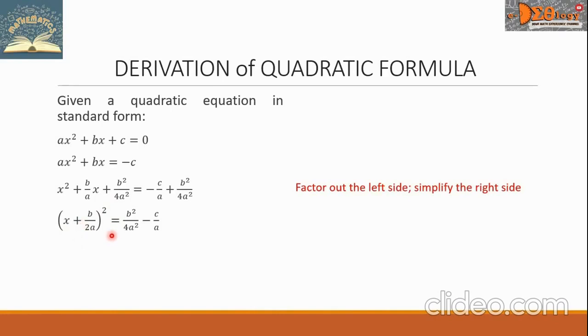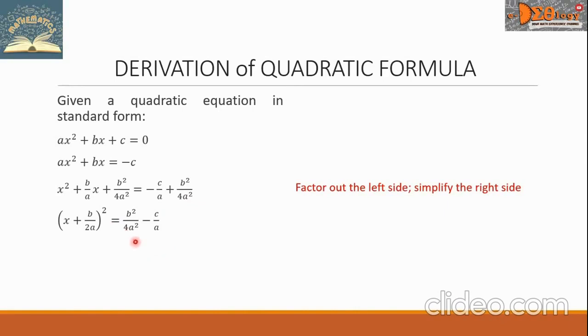This is equal to, for the right side, first let us interchange the position of the terms. The b squared over 4a squared comes first. And then let us combine the two fractions of the right side.